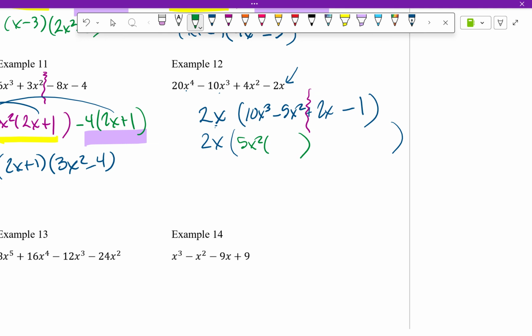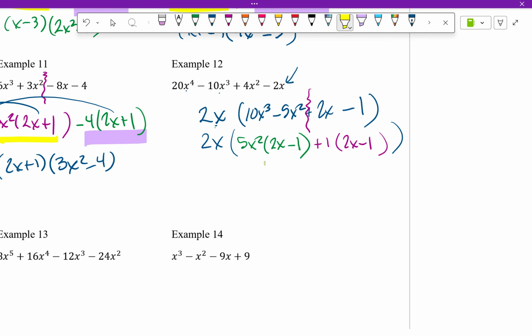What times 5x squared is 10x cubed? 2x. What times 5x squared is negative 5x squared? Good. All right, I'm looking at the back group. Is there anything I can factor out of that? What divides everything? 1. So could I technically factor out a 1? It's kind of weird, but I could do it, right? So I'm just going to get what is left behind, right?